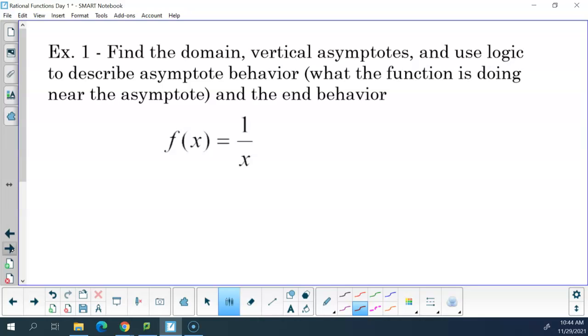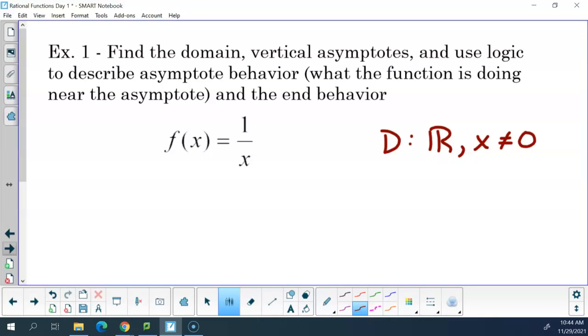First off, domain. What's the domain of this function? All real numbers except for 0. Do we agree? Okay. So domain is all real numbers except x cannot equal 0. Okay? Which means what?